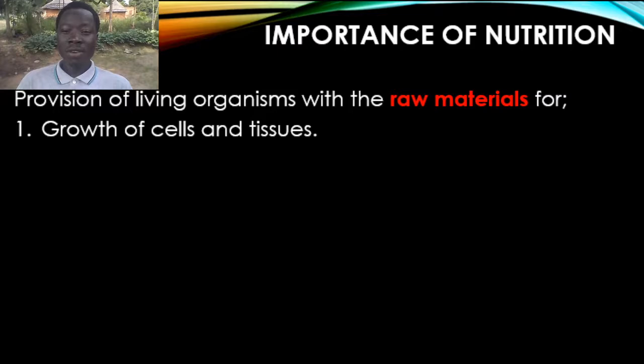How does it grow? It grows because the food materials that we eat supply the nutrients that enable the cells to carry out their metabolic processes, and hence enabling the cells to grow. After the cells have grown, of course, the tissues grow automatically.